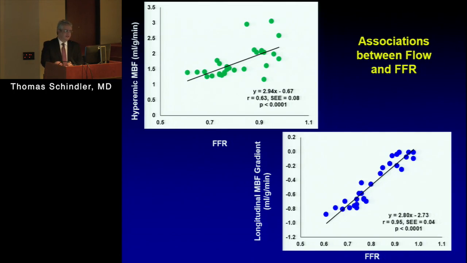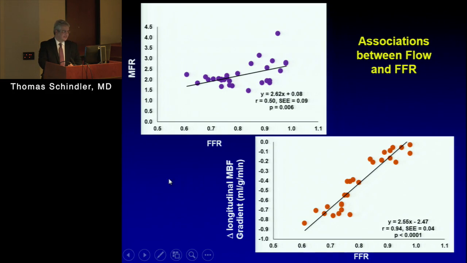Then we correlated the invasively measured fractional flow reserve with the global hyperemic myocardial flow, and you see there's a good correlation, but quite some variability. And when we correlated the fractional flow reserve with the longitudinal myocardial blood flow gradient, then the correlation was highly significant. So the tightness of the fit had much improved.